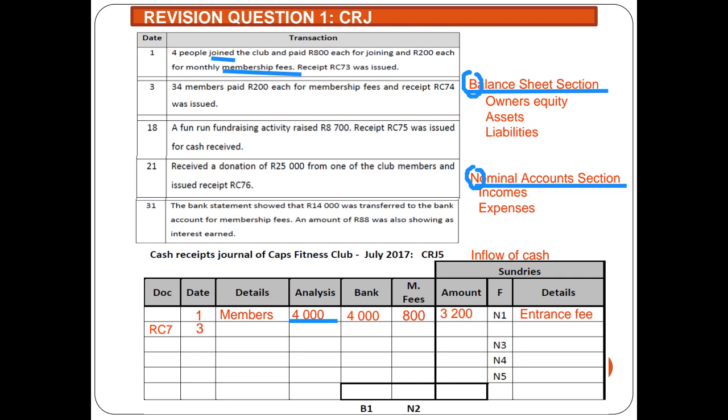So under analysis, we must record the 6.8 after multiplying 34 times 200. Then under bank, we also record 6.8.